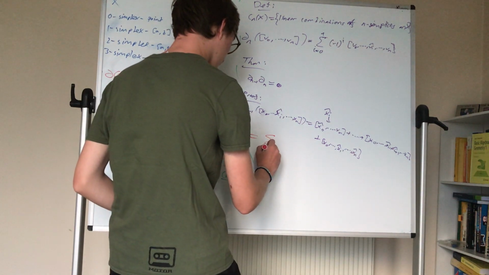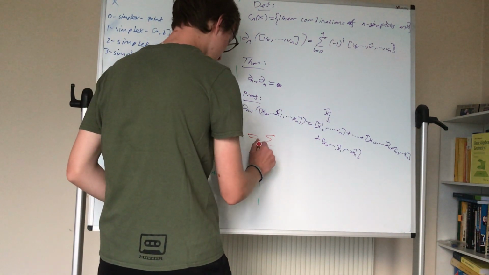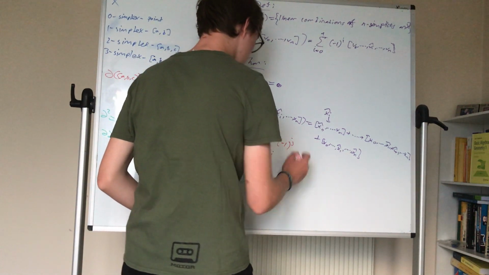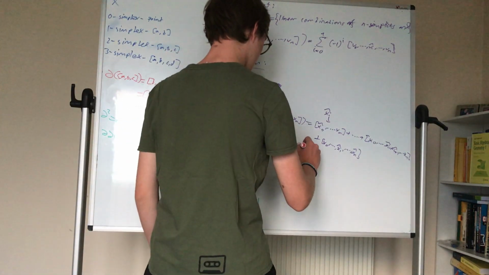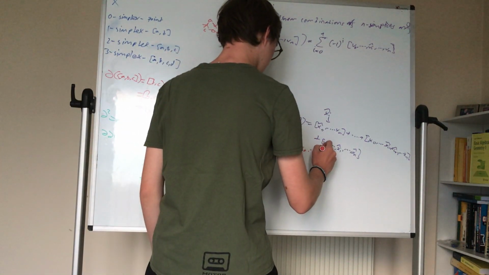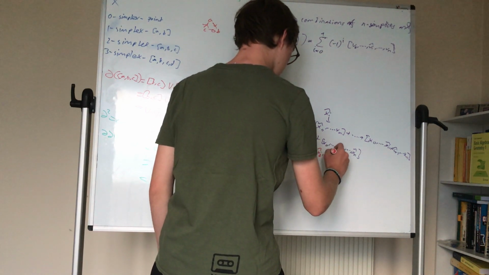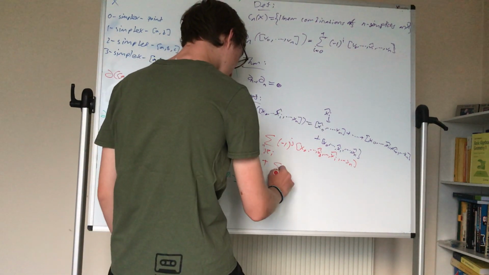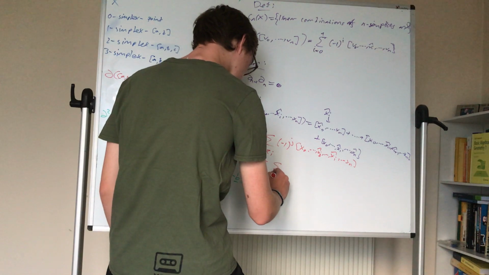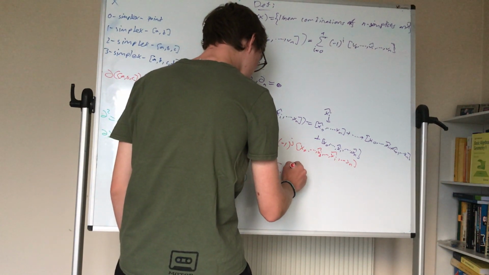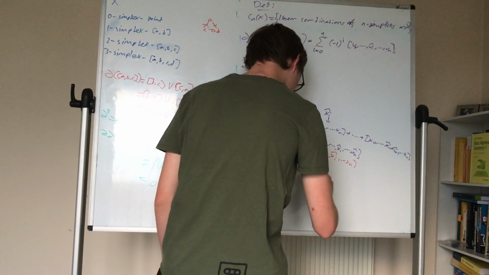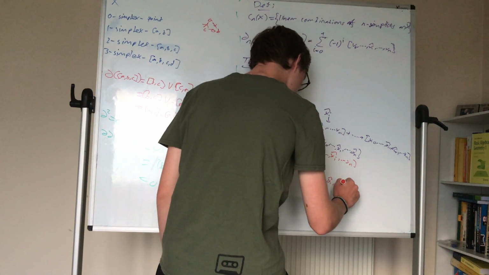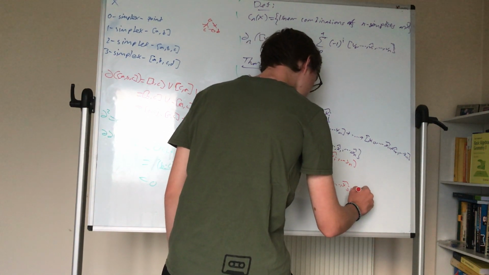It'll be the sum over all j less than i, negative 1 to the power of j, times x0 del xj hat del xi hat del xn, plus the sum over all j greater than i of negative 1 to the power of j minus 1 of x0 del xi hat del xj hat del xn.